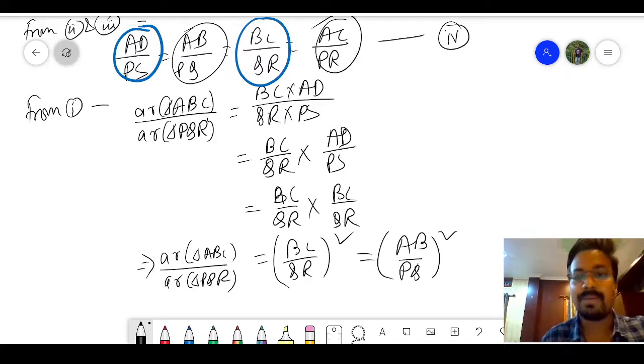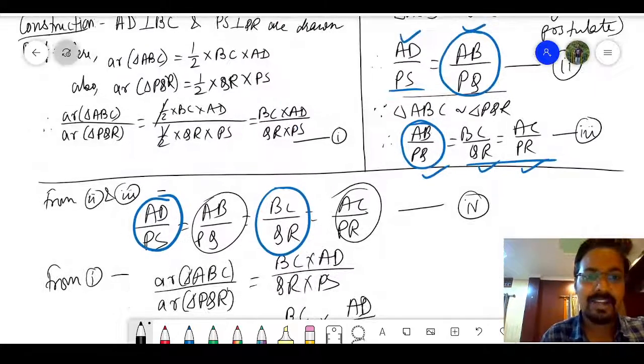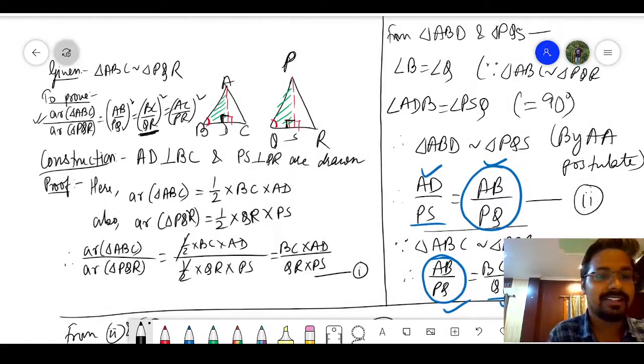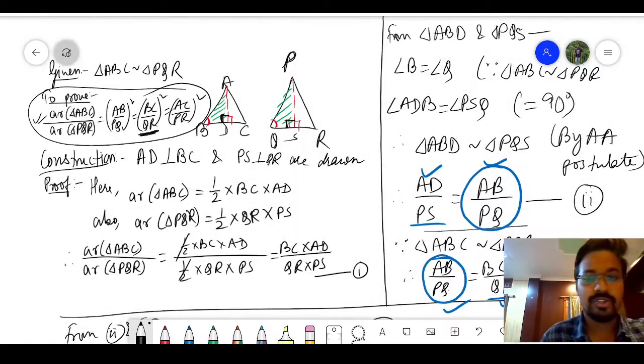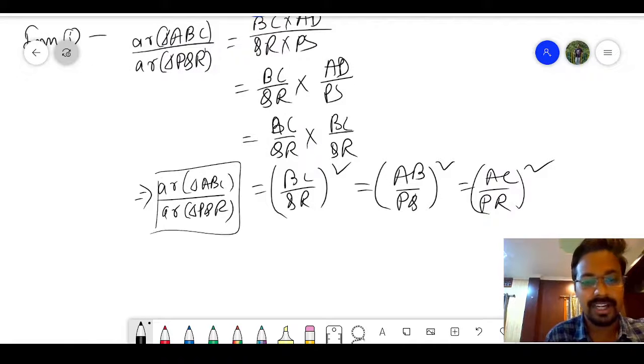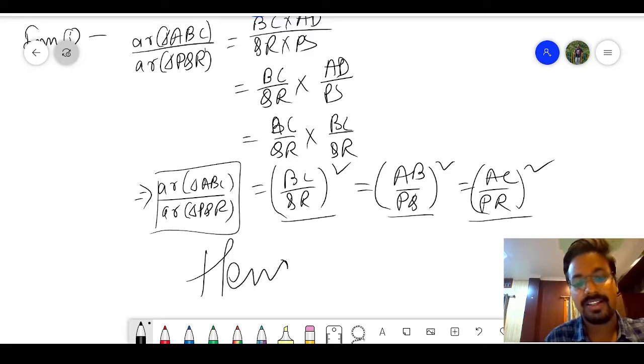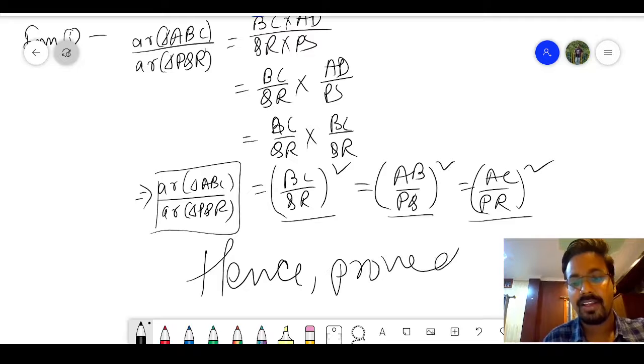Also equal to AC by PR, it can be written as AC by PR whole square. And this is exactly what we had to prove. So finally we have shown that the ratio of the areas of two similar triangles is equal to the squares of the ratios of the corresponding sides. Hence we have proved the sum.